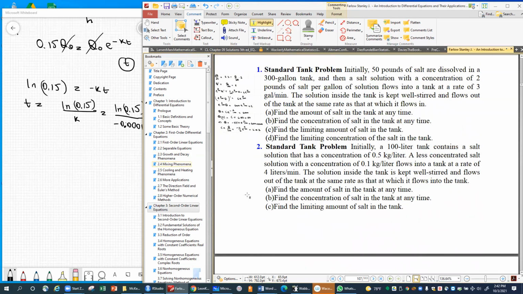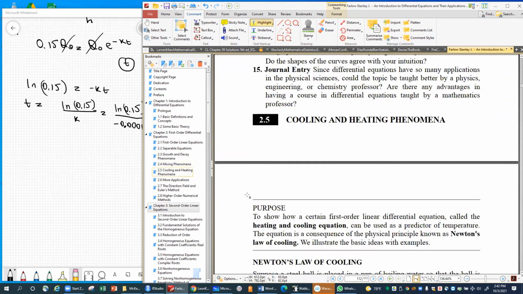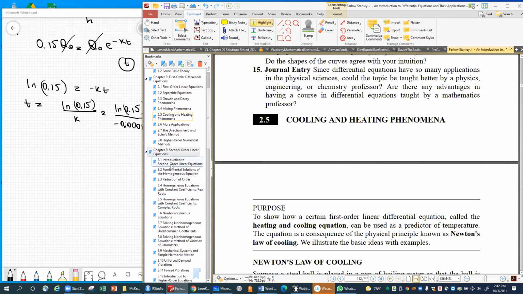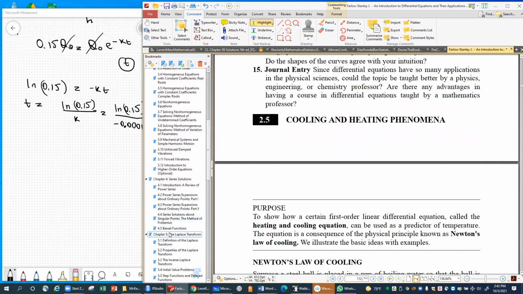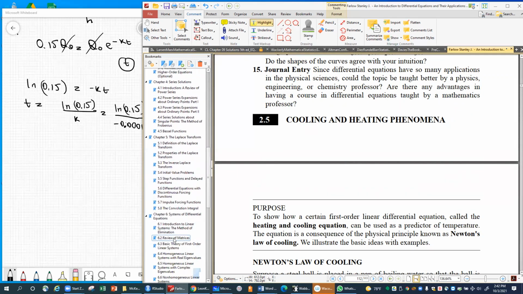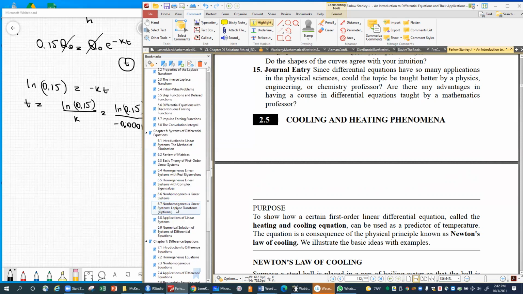Mixing is also interesting, although a bit tedious, and also cooling. It's all kinds of great stuff here. Direction fields, higher order. So it'll probably make sense to have the midterm after chapter 2, and then chapter 3 will go to the final, and whatever we can complete here. There's all kinds of interesting stuff here, but there's not enough time.